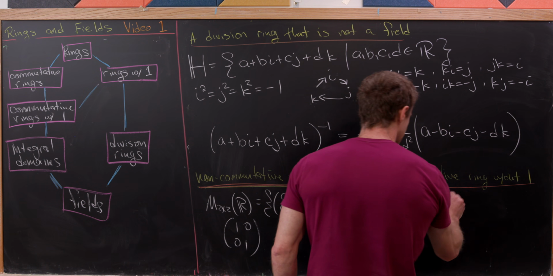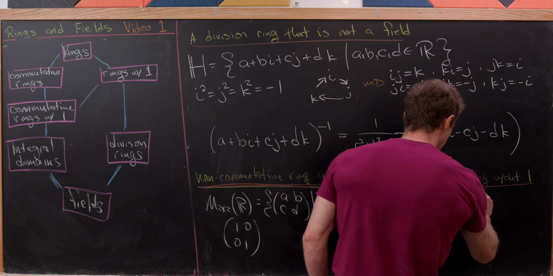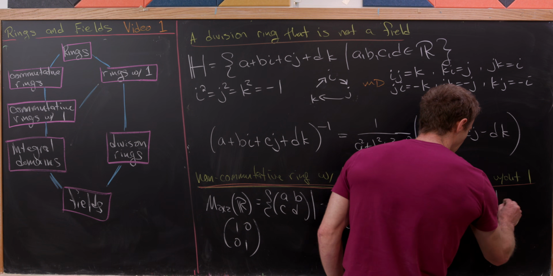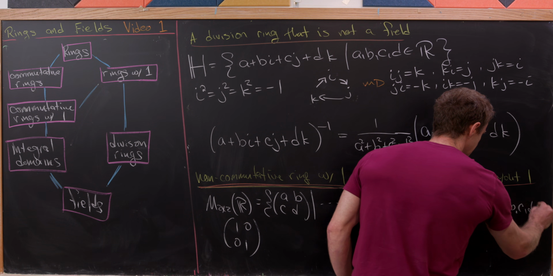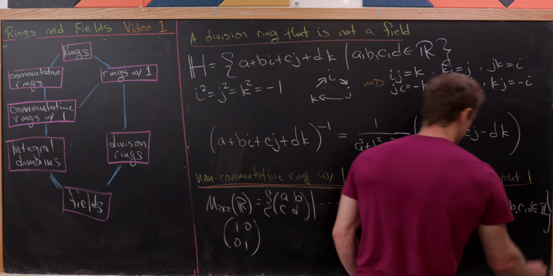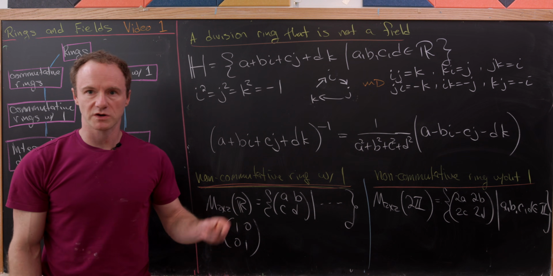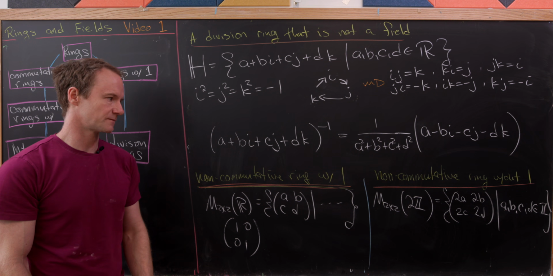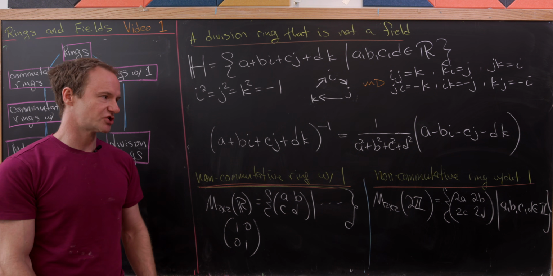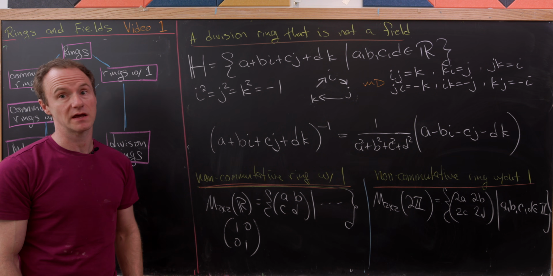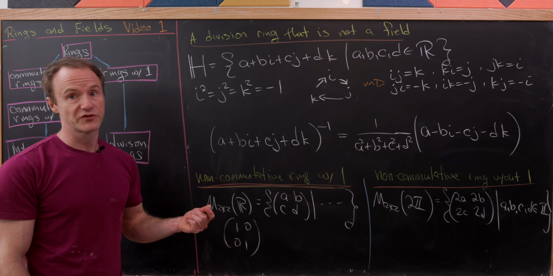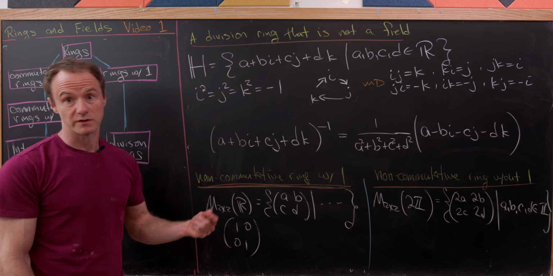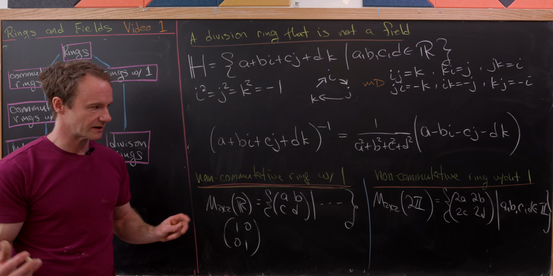So that would be something of this form: 2a, 2b, 2c, 2d, where a, b, c, and d are all integers. In other words, we've got 2 by 2 matrices, but every entry is an even integer. I think you can pretty easily check that there will be no multiplicative identity matrix in this case. And also it's non-commutative, kind of clearly.